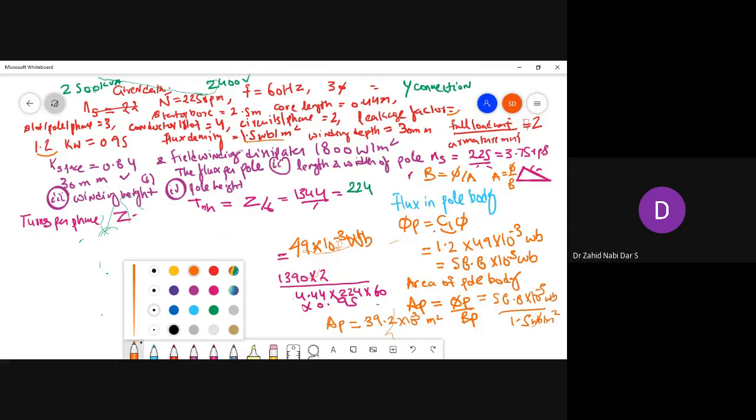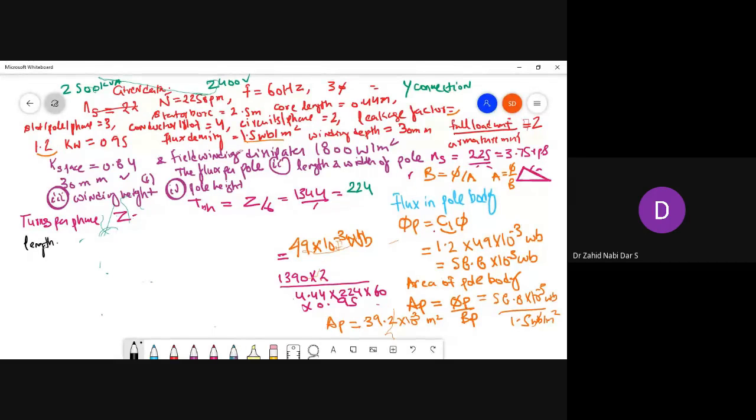Now we need to know the length of the pole body. The length of the pole body is given as 0.44 meter, and then the width of the pole body.